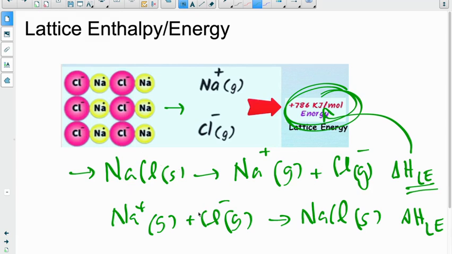And the second one, when you take gaseous ions and they combine to form 1 mole of the solid sodium chloride, this is going to be exothermic. So this will obviously have a positive value, which is listed there, and then this will have a negative value. The one thing you have to keep in mind is that the magnitude of the lattice enthalpy will be the same for both of them. It just depends on which way you're looking at this.